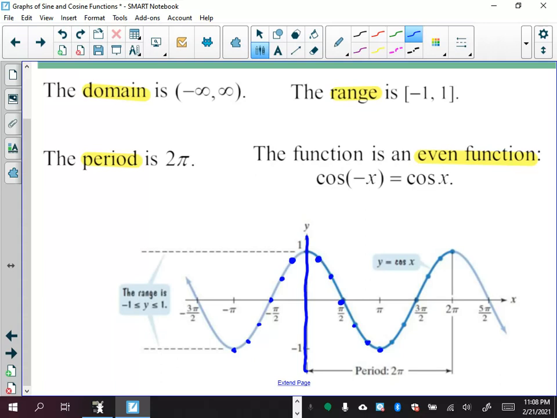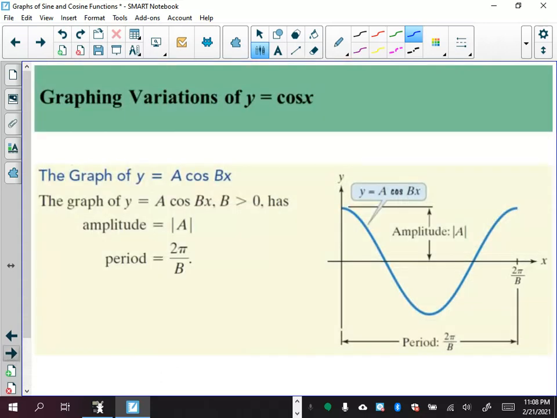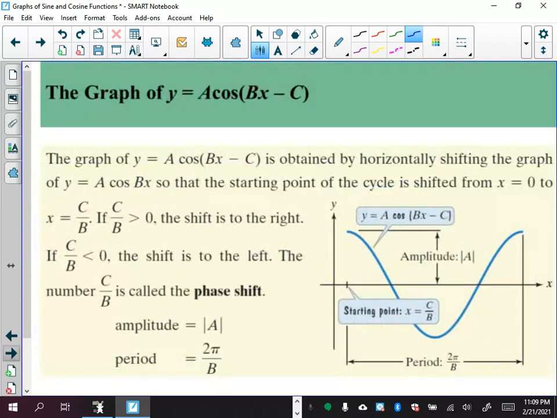All right. So again, the amplitude is the same, the absolute value of A. Your period is found the exact same way, 2 pi over b. Your phase shift is found exactly the same way as in the sine graphs.